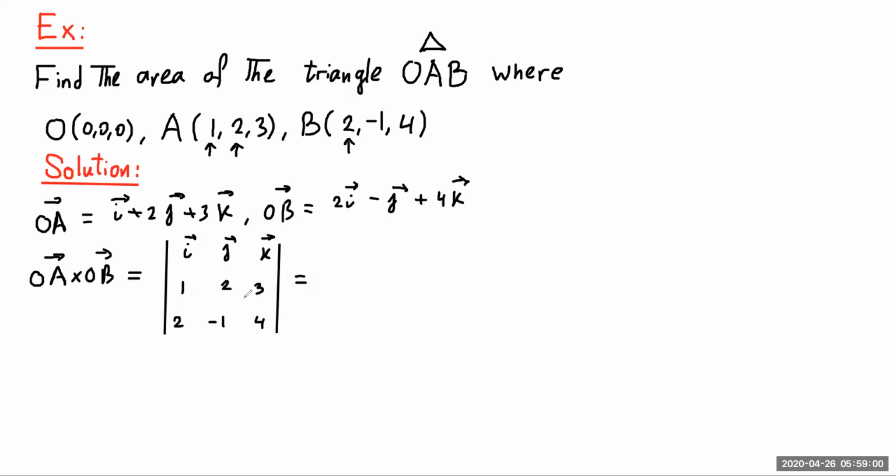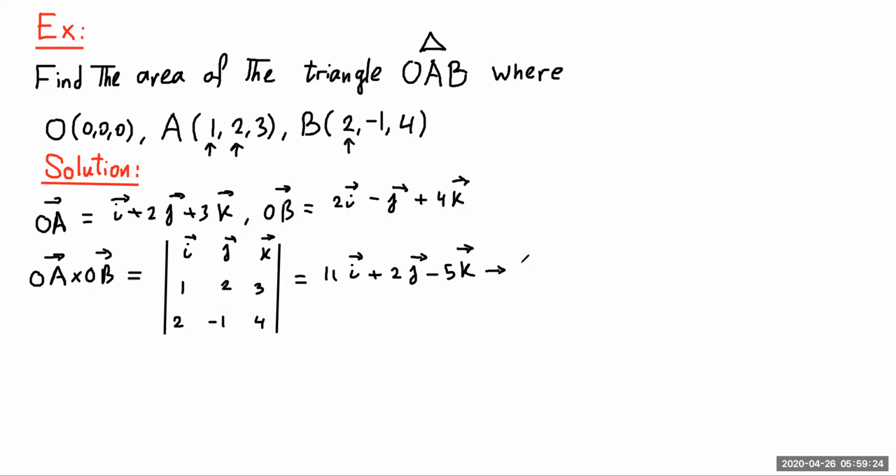So let's calculate: I times 8 plus 3, so it's 11I. Then minus J times 4 minus 6, so minus 2 times minus, plus 2J. And K times minus 1 minus 4, which is minus 5K. Okay, so this is OA cross OB.